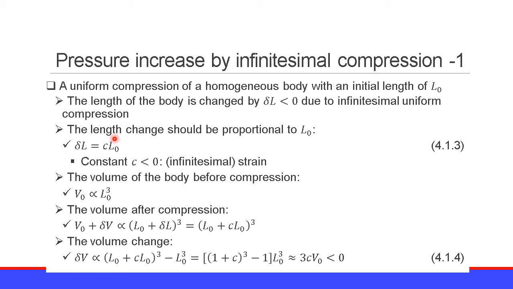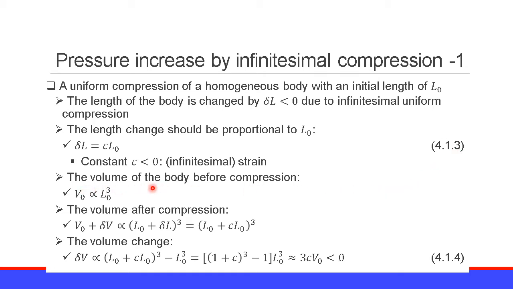Then the length change should be proportional to the initial length L0. Therefore, delta L is equal to C times L0. C is a constant, and it is referred to as strain in the usual elasticity. Equation 4.1.3.